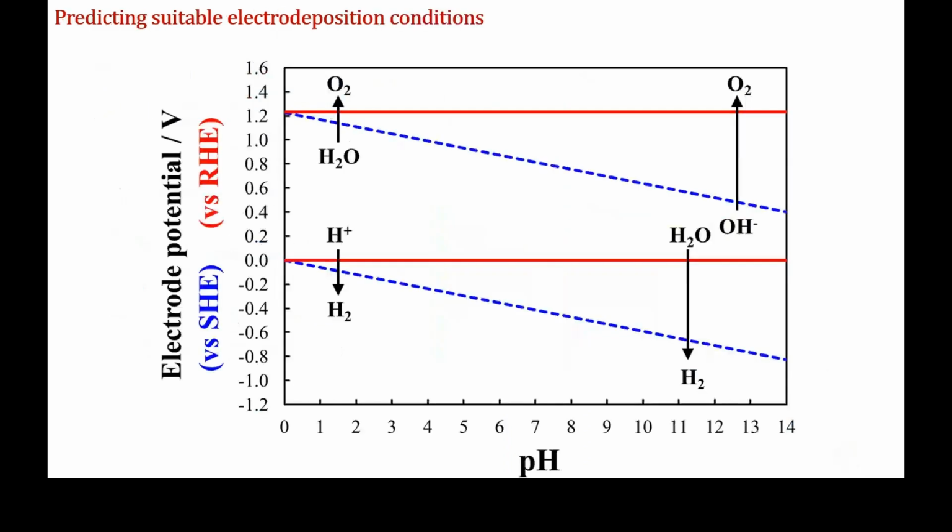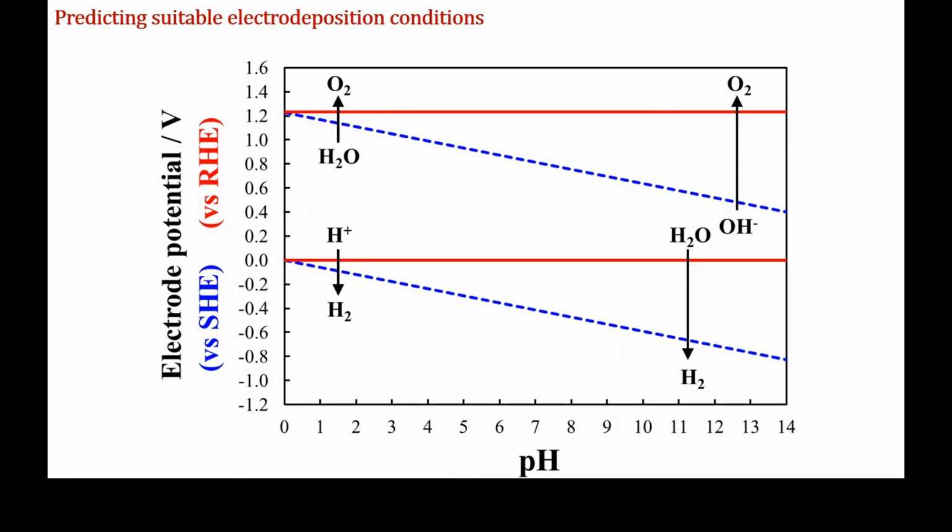But if you're using water as a solvent, the basis of starting to map out the electrochemistry of your system is to put in the Nernst potentials of water, for water reduction to hydrogen and water oxidation to oxygen, because those reactions will always be relevant in an aqueous system, right?